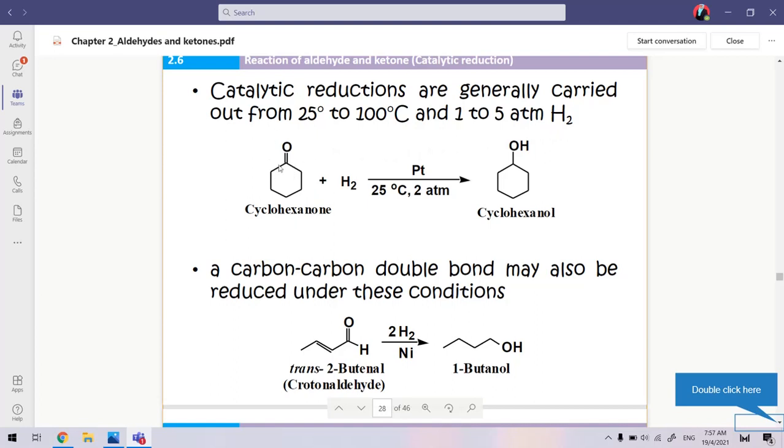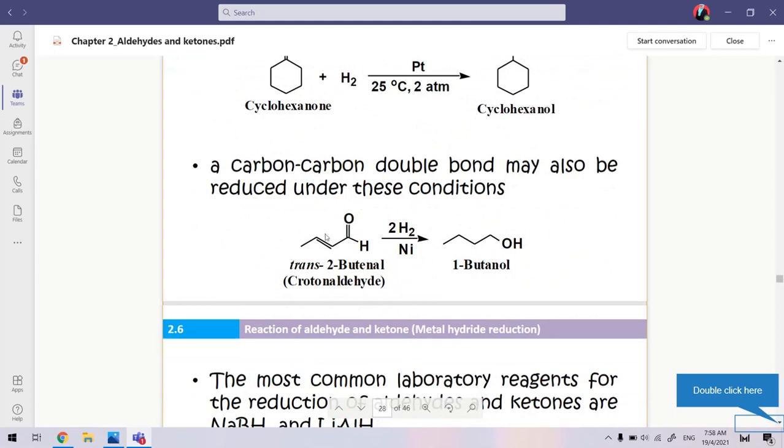So here, it will be reduced to OH. This is the condition. Platinum will act as a catalyst. The condition is in hydrogen, platinum as catalyst, 25 degrees C at room temperature, at pressure 2 atm.